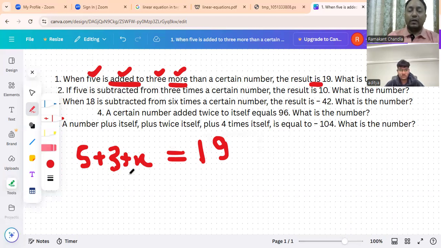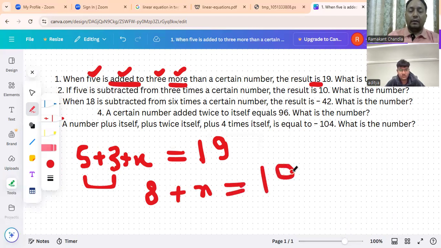That's how you make your mathematical or algebraic expression. Now when you add, what would be 5 plus 3? 8. Excellent. Super. So X would be 11.